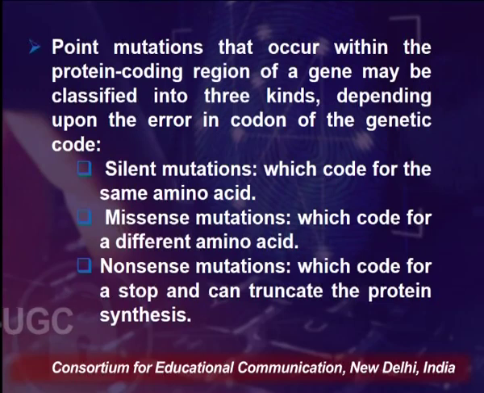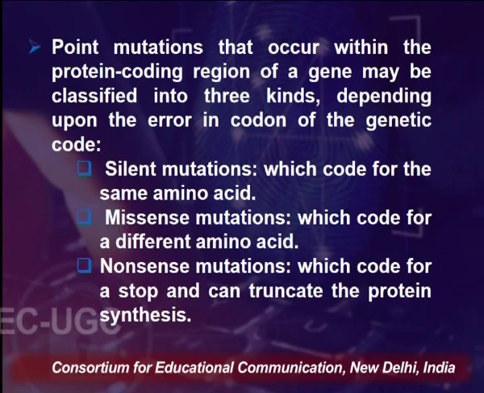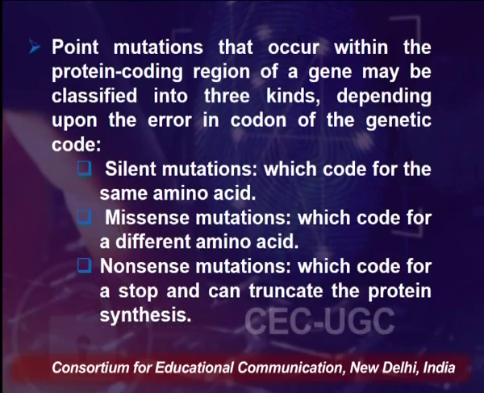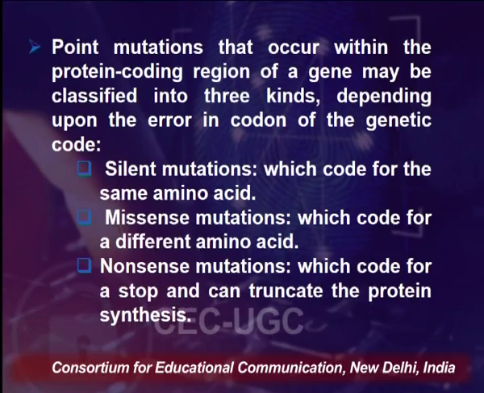Now, the point mutations that occur within the protein coding regions. We are talking about the regions which code for protein in our body. These are the sequence of the amino acids. So, if there is any mutation change, that might lead to a certain significant change in the body.